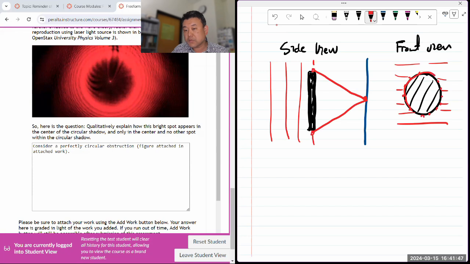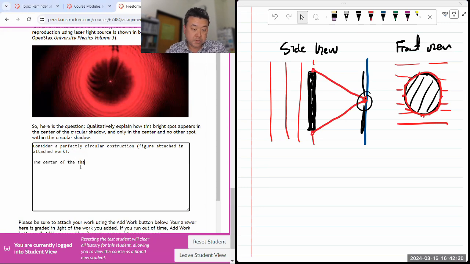So all these wave sources constructively interfere right in the middle of the shadow, and that's where you see this slightly brighter spot. Anywhere else, some of those might be constructively interfering, but not all of them, so any constructive interference will be dimmer. That's why only at the center. It's the only spot that's equidistant from every point on the edge, so it gives you that constructive interference.